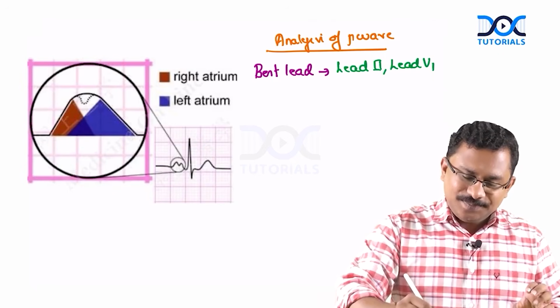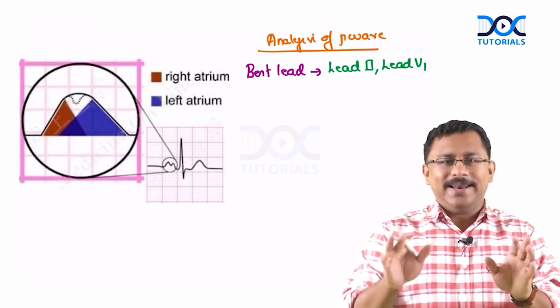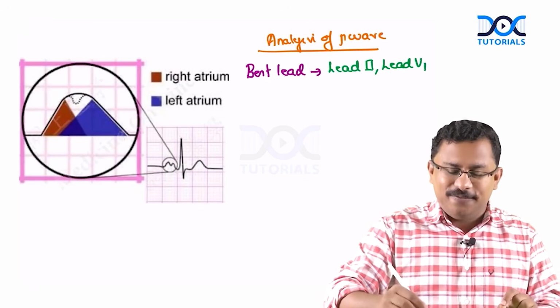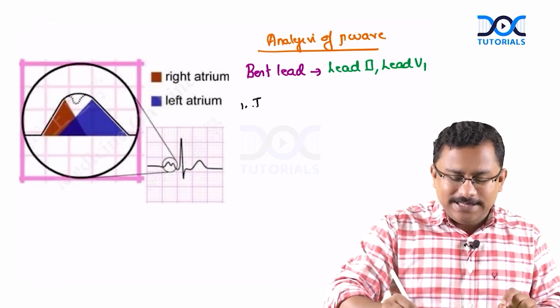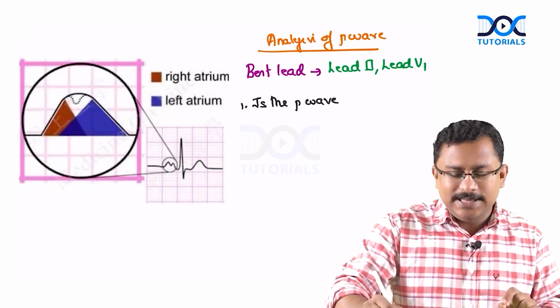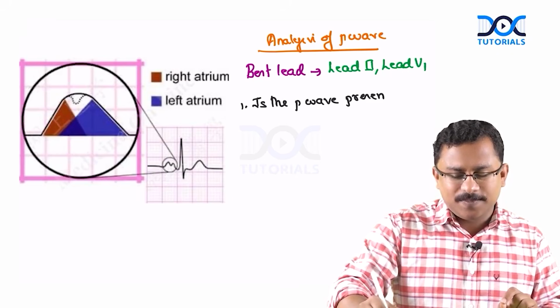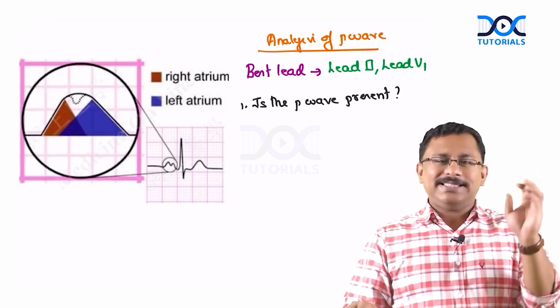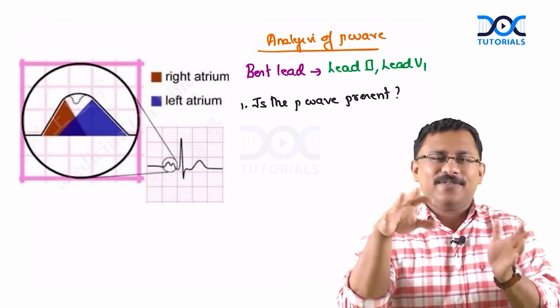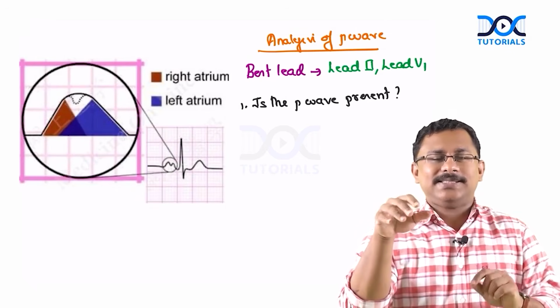Now, when you want to analyze the P wave, there are two questions that you should answer to yourself. Number one, is the P wave present? Normally if the SA node is the pacemaker, you will definitely get a P wave corresponding to atrial depolarization.